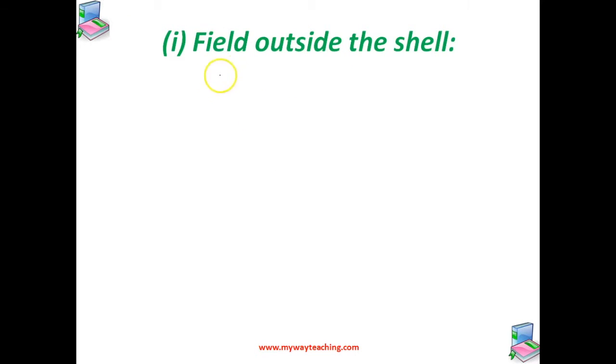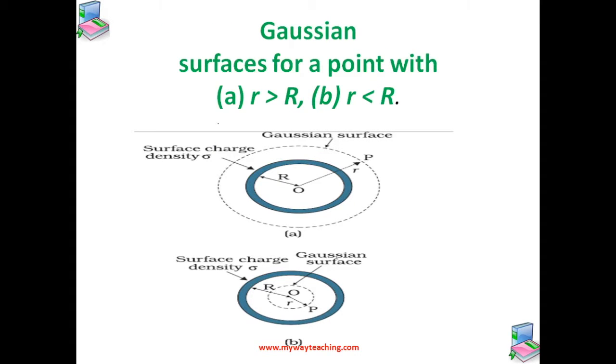If you consider the field outside the shell, then consider a point P outside the shell with radius vector r, as you can see, with r greater than R and r less than R. Outside the shell is the first case and inside is the second case.